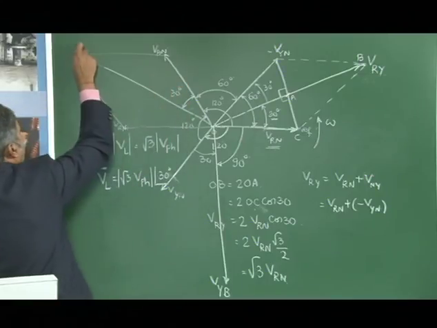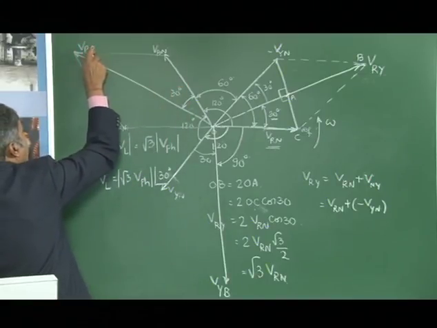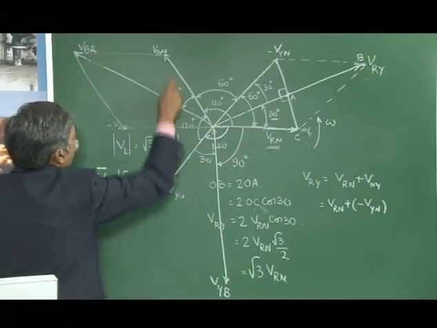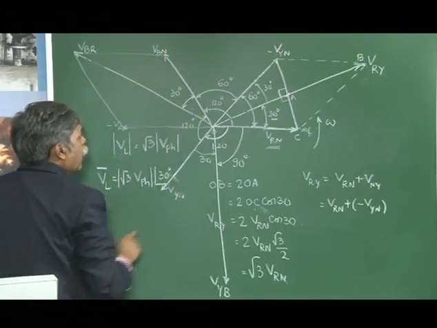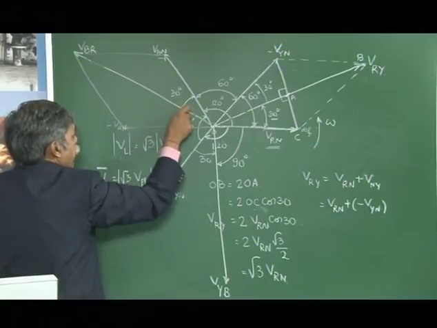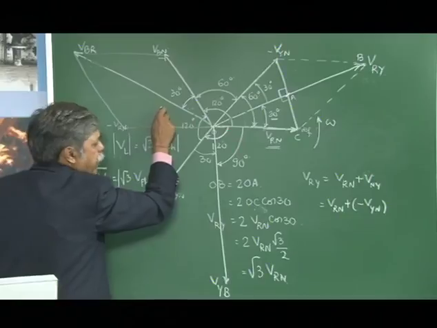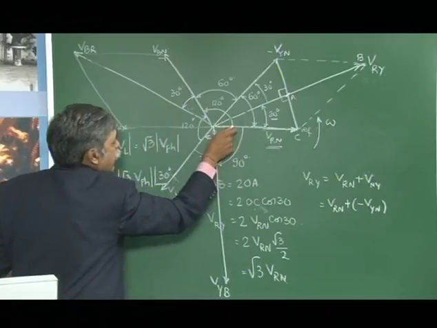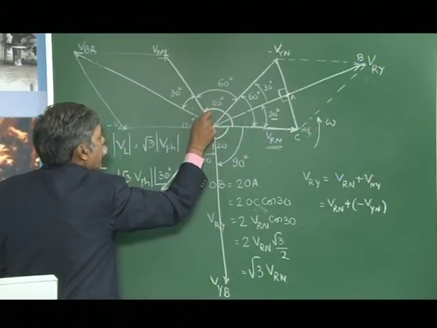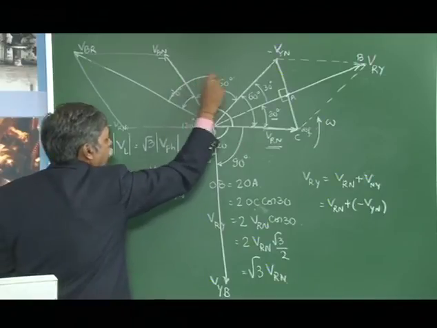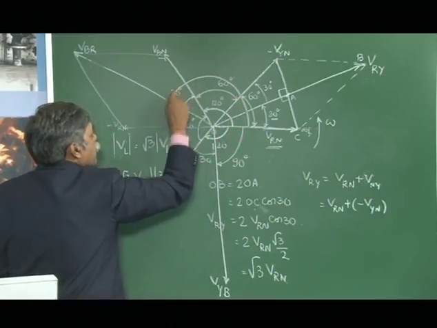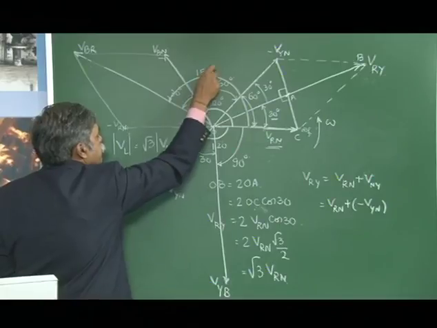So VBR will have a magnitude of root 3 times VBN, but it is leading VBN by 30. So the angle of this VBR measured with respect to the reference is 120 plus 30. So the total angle here becomes 150 degrees.